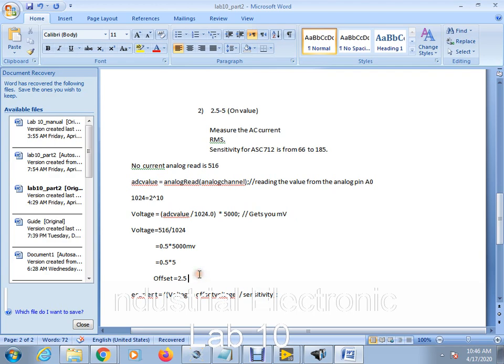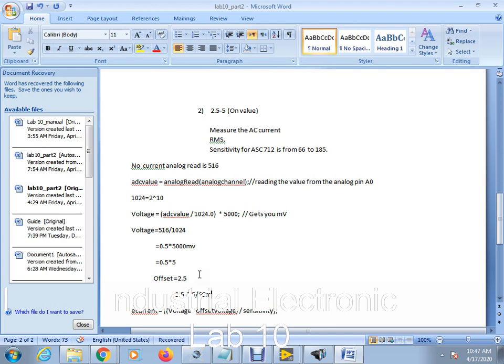The value of current can be calculated using any voltage beyond this value. Let's suppose it is 3.5 minus 2.5 divided by the sensitivity 66 milli.